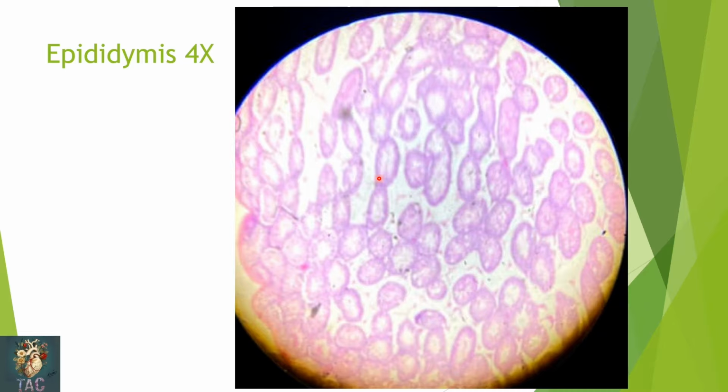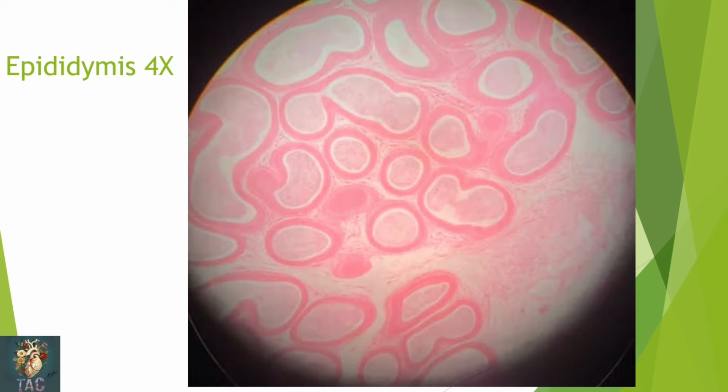Another slide with H&E stain section at lower magnification of the epididymis. Again you can see a clear luminal profile, which helps you to identify and differentiate it from that of the testes.